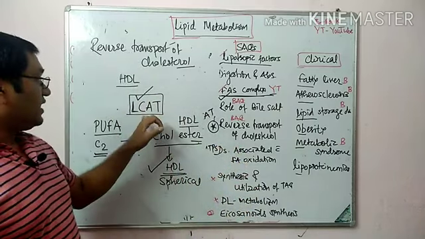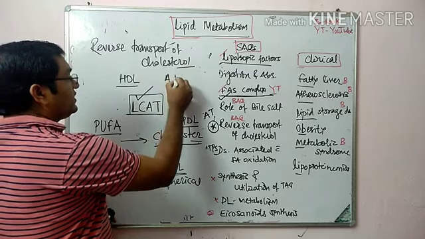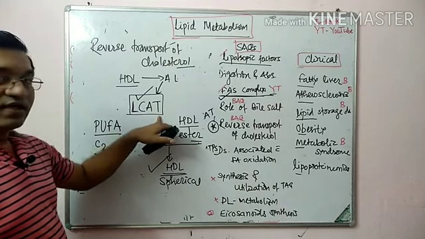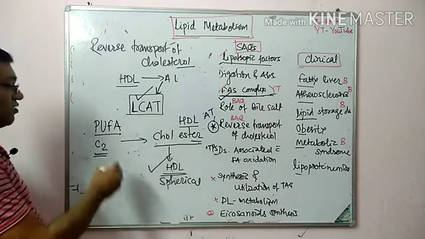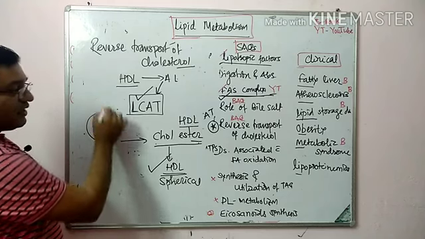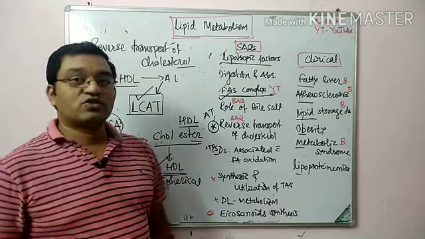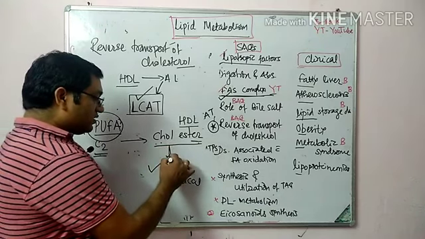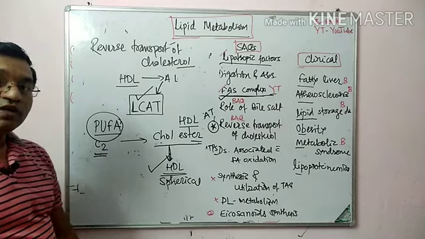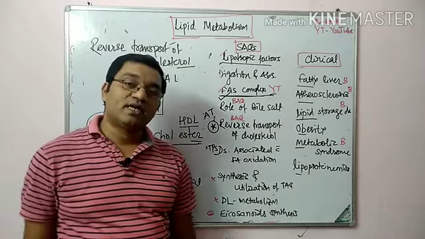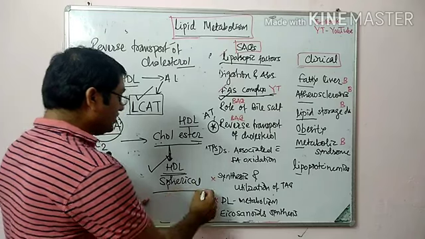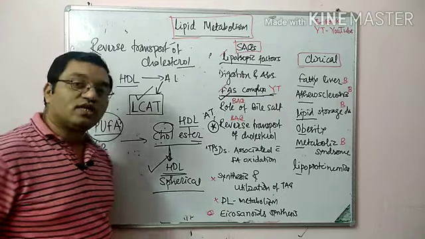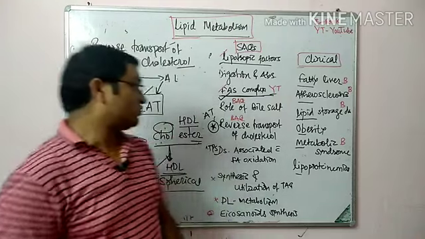ApoA1 which is present in HDL activates the LCAT, lecithin cholesterol acyltransferase, that catalyzes the transfer of PUFA from the C2 position of lecithin to the cholesterol and leads to the formation of cholesterol ester. This cholesterol ester attached to the HDL, being hydrophobic, moves to the interior of the HDL particle, and now the HDL particle becomes spherical, and this cholesterol which is taken from the peripheral tissue is transported to the liver. That is known as reverse transport of cholesterol.